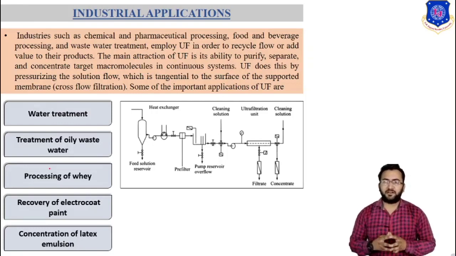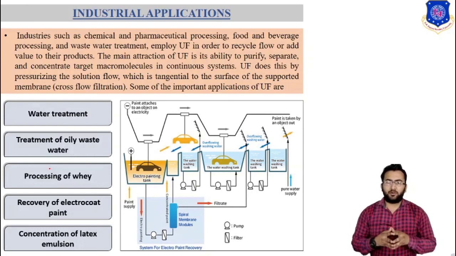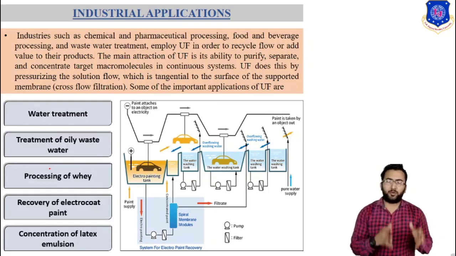Then ultrafiltration is also used for the recovery of electrocoating paint. Electrocoating paint is done by either cathodic or anodic electrodeposition. After the electrodeposition of the prime coat, the piece is lifted out from the tank and the undeposited, loosely adhering paint is washed off in spray water.